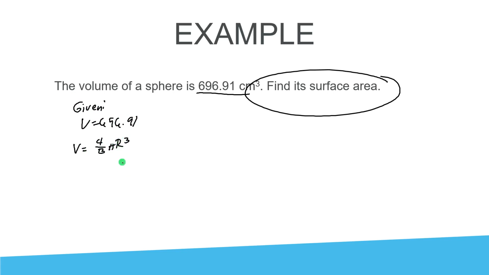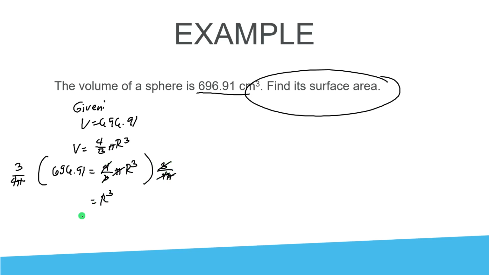So substitute 696.91 for 4/3 pi r cubed. Multiply both sides by 3 over 4 pi to eliminate the pi and 4/3.